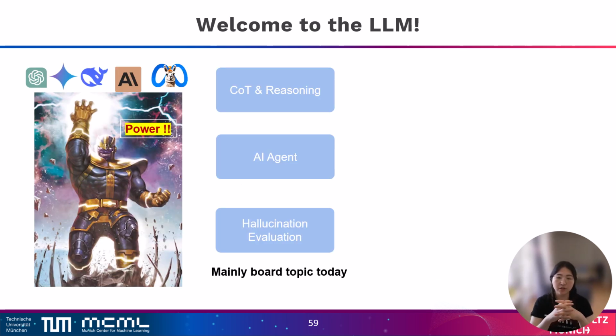So here it is already near the end of today's topic, the introduction to vision language models. Today we talked about how powerful large language models currently are and different kinds of interesting exploration in large language models, like chain of thought reasoning, AI agents, hallucination and evaluation.